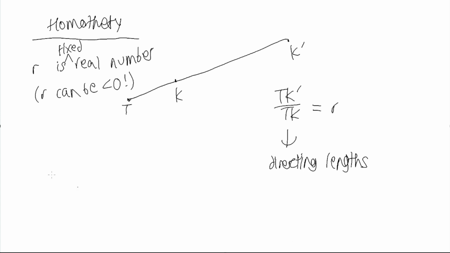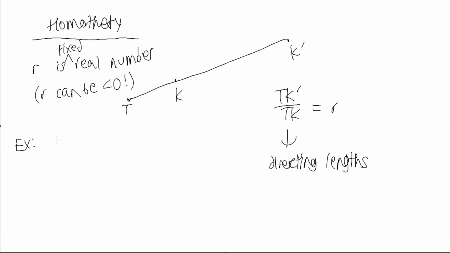So if we have our real number R and our starting point T, then this point K goes to this other point K prime, such that K prime is R times as far away from T as K, and we're just going in the same direction. In a way, a homothety is just like scaling up. Let's take a look at an example.